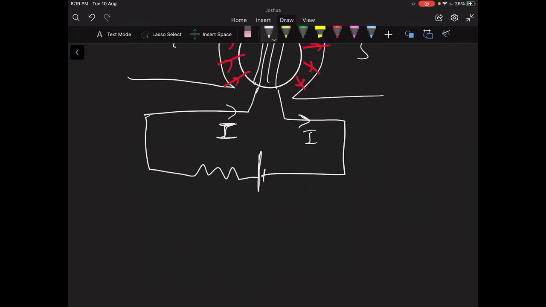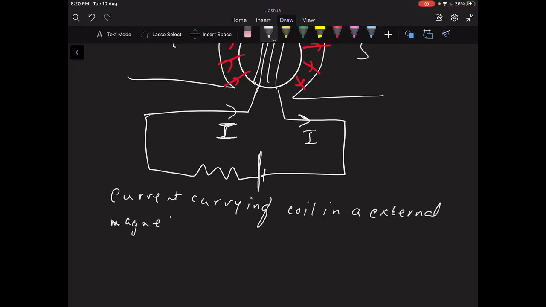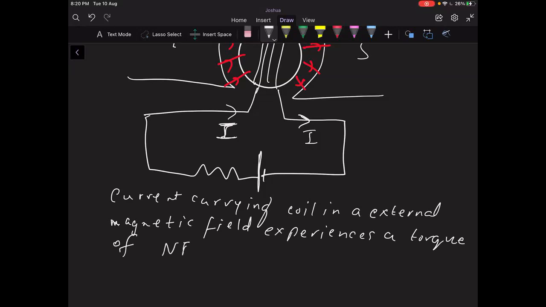So a current carrying coil in an external magnetic field experiences a torque of NIAB.